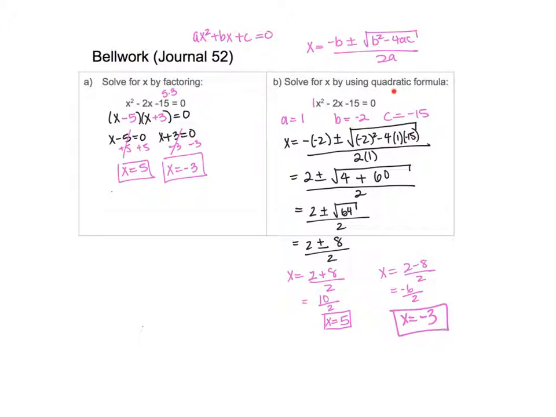Because it's really just a matter of knowing what your A, B, and C is and plugging into the formula, and then you're just doing the simplifying. There's more steps, but less thought process of figuring out what multiplies to give you this number and adds to give you this number. Do you see what I mean? Like, you could just plug it in and get your output automatically, whereas this one you have to be a little bit more thoughtful. But it's good to know both of them.